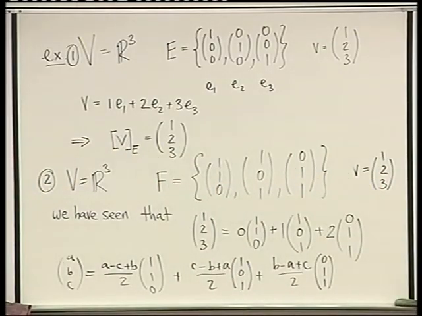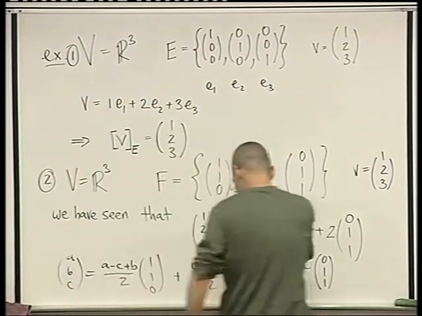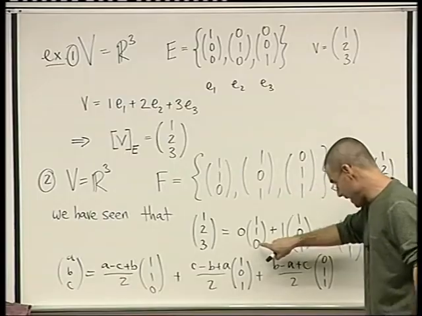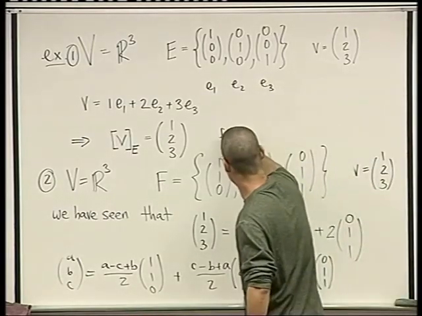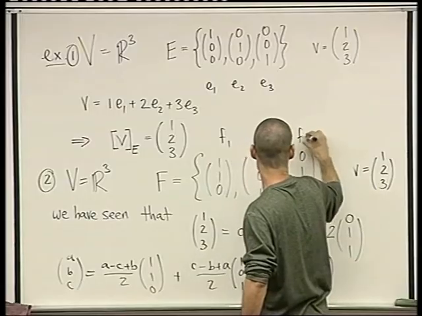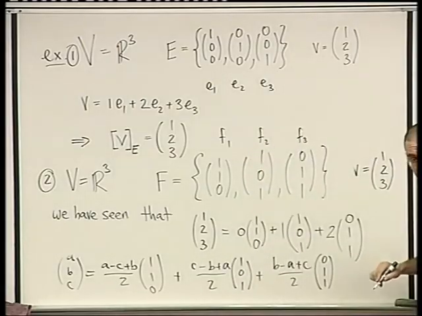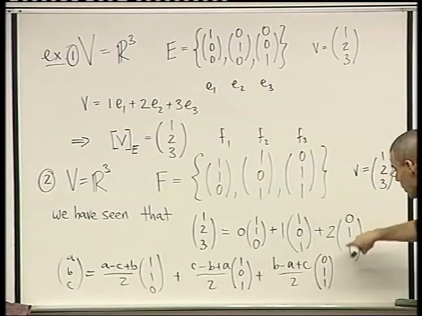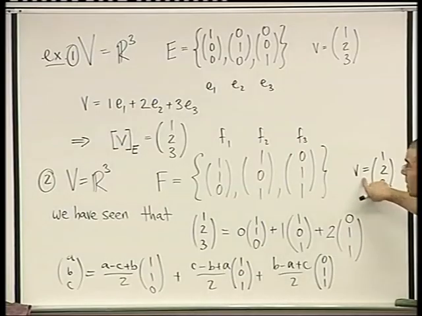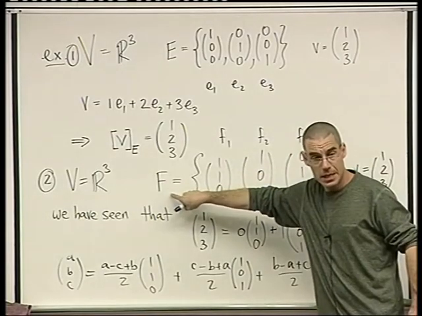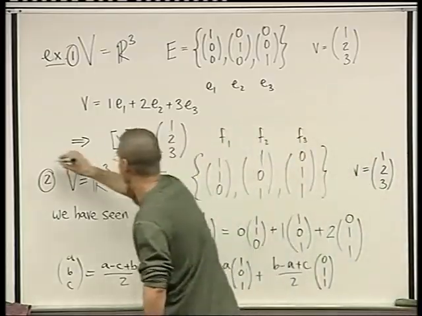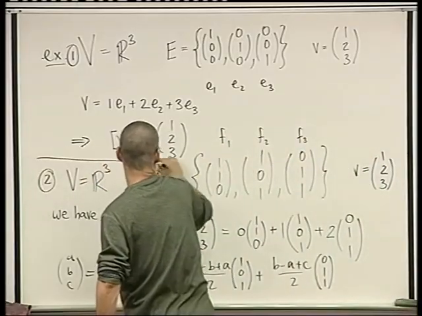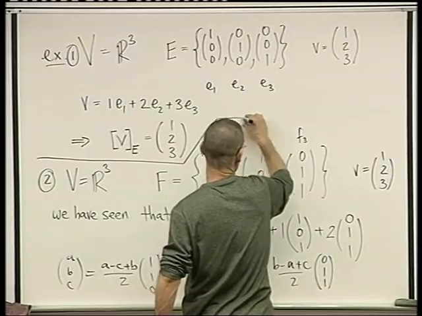So this is v, now written as a linear combination of these three guys. Let's call them F1, F2, and F3. Okay? So what are the coordinates of v with respect to the basis F? Okay, so let's write it here. I don't want to take a new board for it.